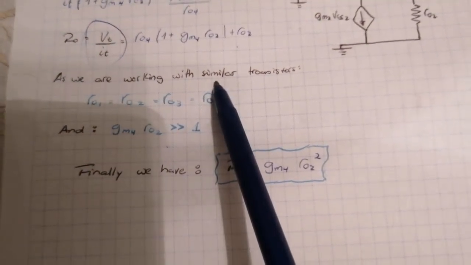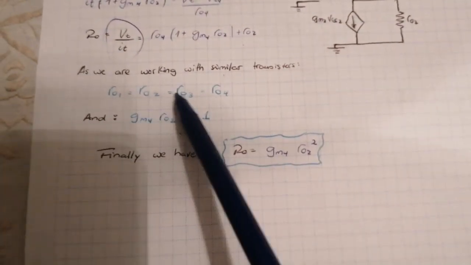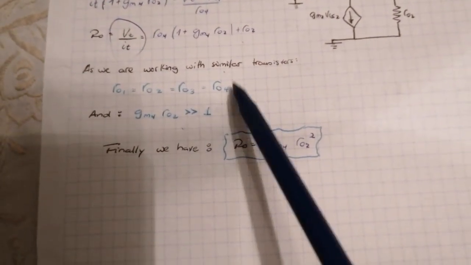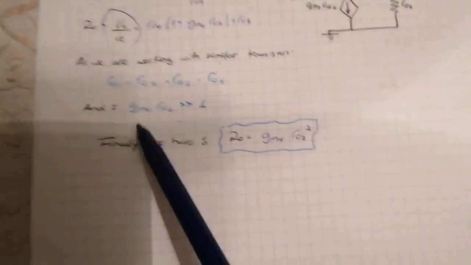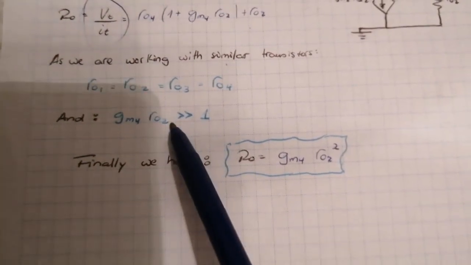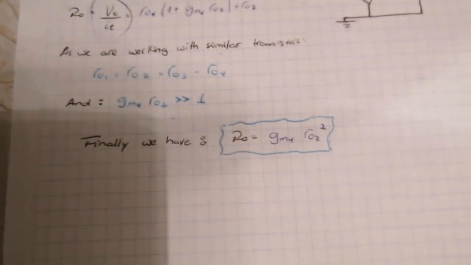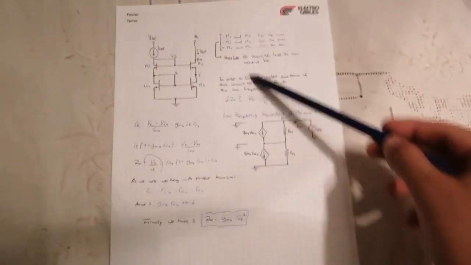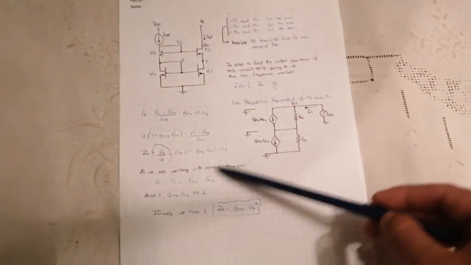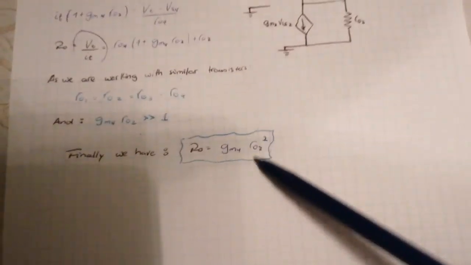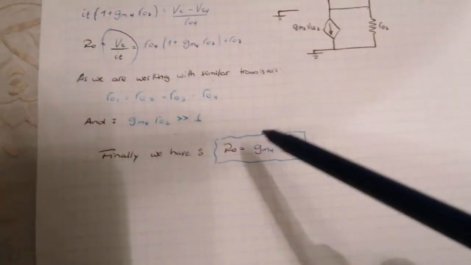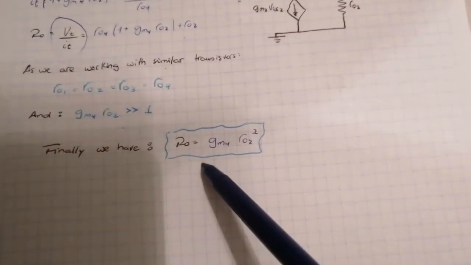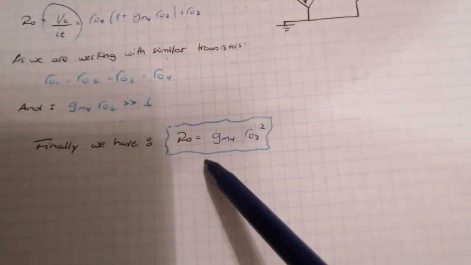Because we're working with the same transistors for all 4 of them, we can say that the output resistance of each transistor is going to be the same, and also that gm4 multiplied by the resistance of transistor 2 is going to be much higher than 1. So finally, doing a little bit of math, we have the final equation for the output resistance of a cascode current mirror circuit.